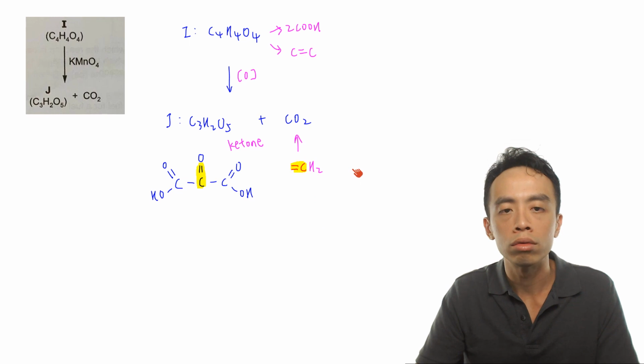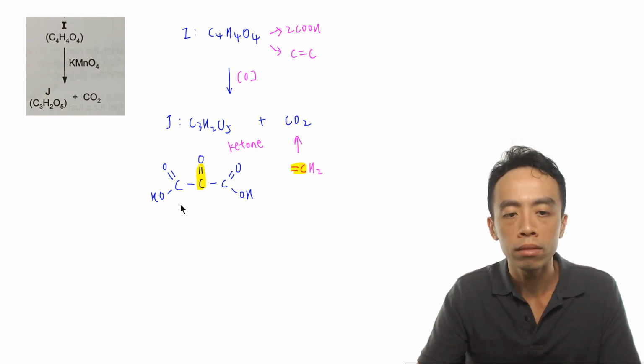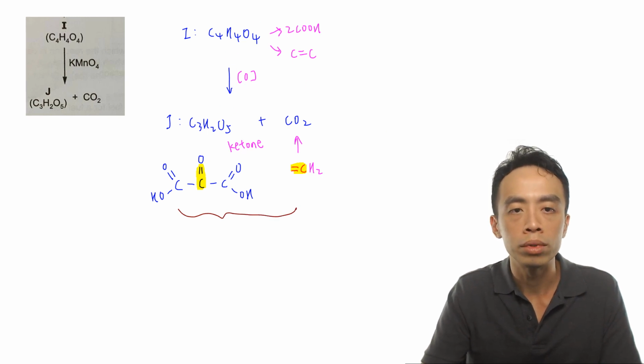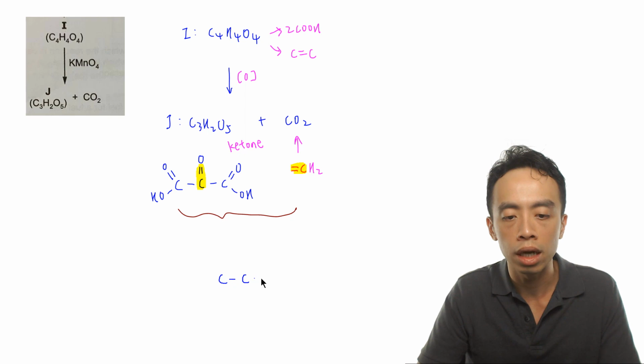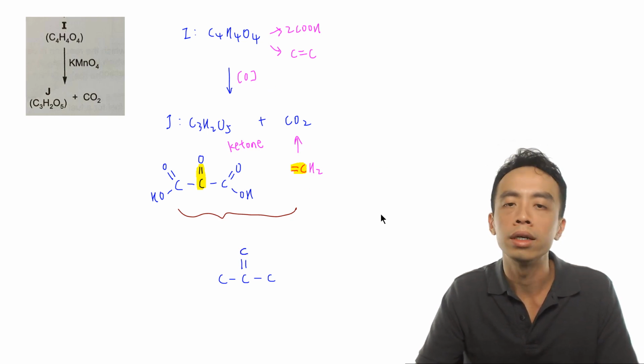So let me try to put this here. If I combine these 2 together, I add these 2 back to try to identify I, it will just be carbon, carbon, carbon. Now this carbon will be C double bond. The other terminal carbon will be here. This will also be the other carbon.